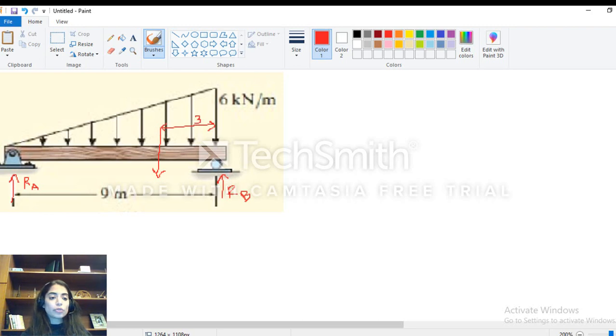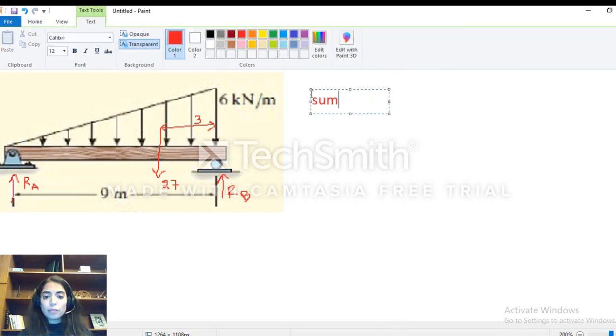So this distance is equal to 3, and this distance from A to this point will be equal to what? To 6, alright? Now the resultant force will be equal to the area, which is 6 times 9 over 2, which is 27. Okay, so let's apply the first step and find the reactions.